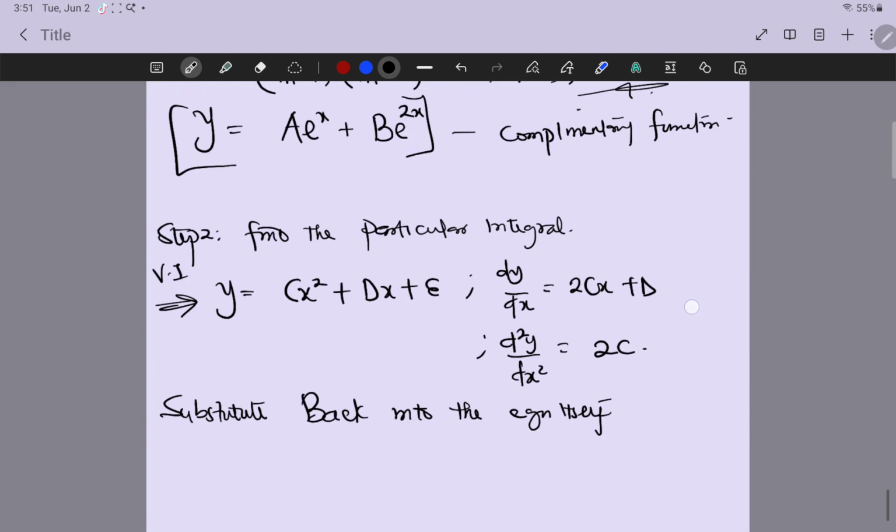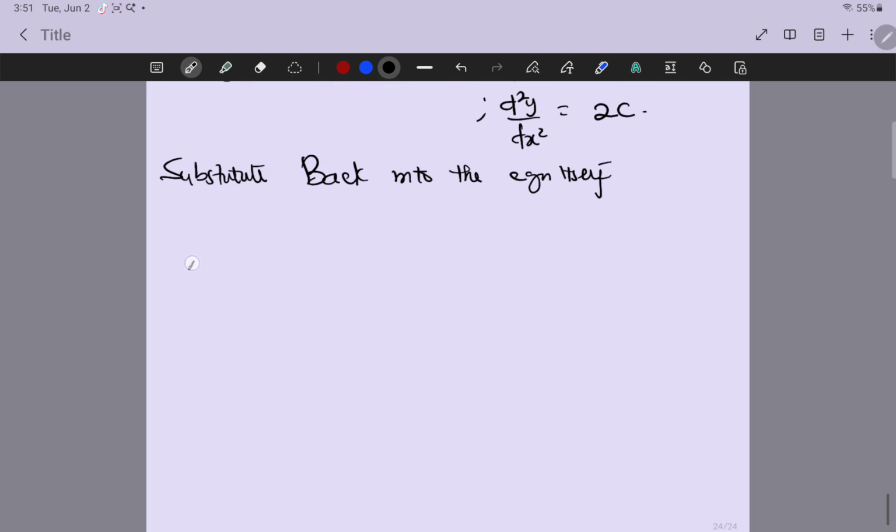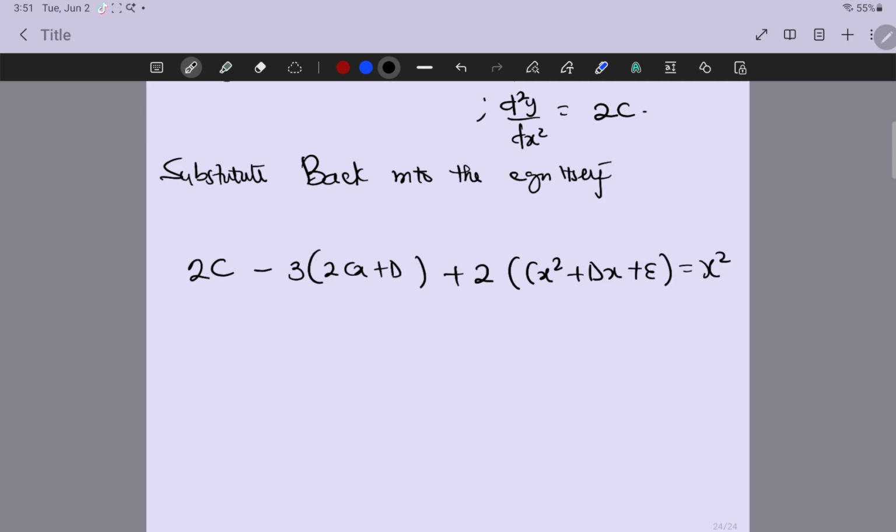So you'll be having something like 2c minus 3 into bracket 2cx plus d plus 2 into cx squared plus dx plus e is equal to x squared. So by the time you open brackets, you're going to have 2cx squared plus 2dx squared plus 2e.